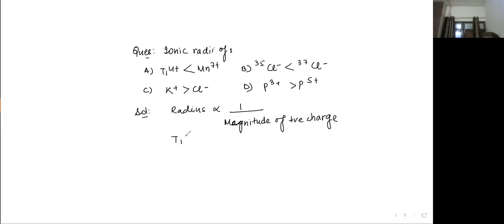So between Ti4+ and Mn7+, which will have the greater radius? Correct, Ti4+ radius will be more. In P3+ and P5+, which will have greater radius?